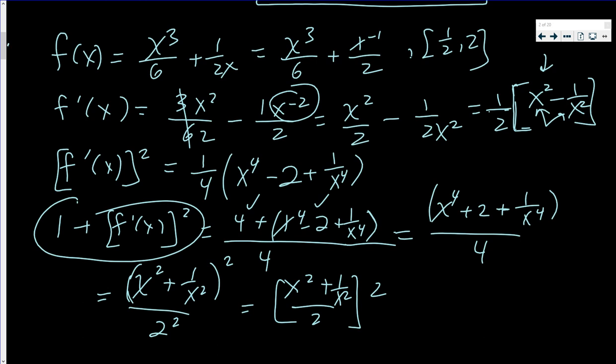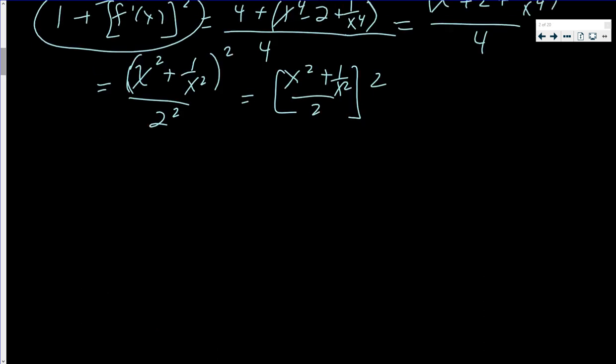Okay, so the formula is straightforward. We'll call it big L instead of little l. It's the integral of. Now remember, there is 1 plus f prime of x quantity squared.